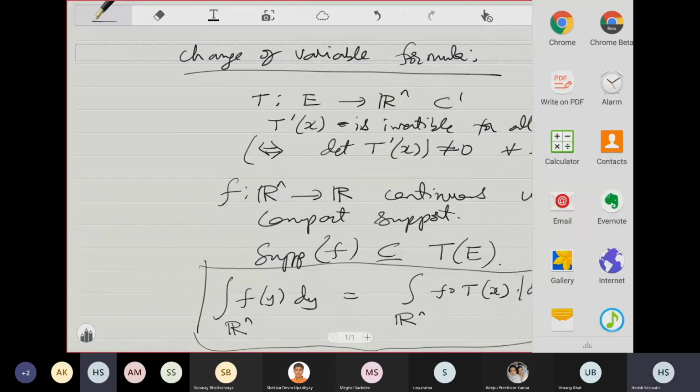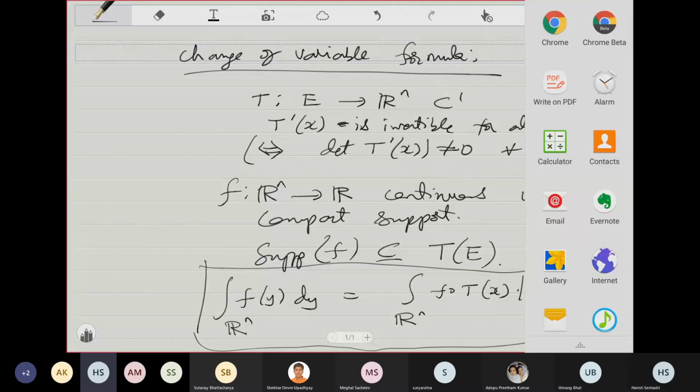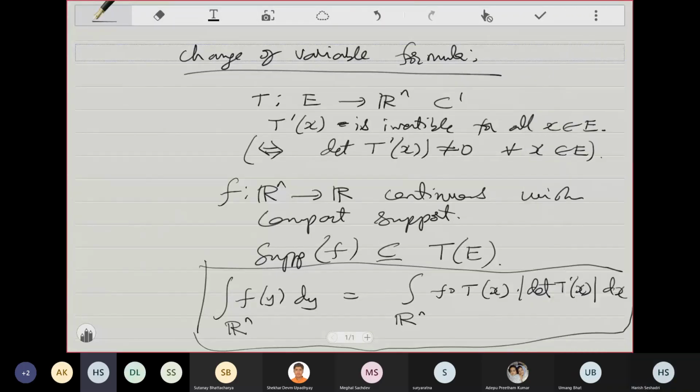Now the strategy of proof will be the following. Basically, this function f is just a continuous function. The key thing here is this T. There are some strong assumptions on T, namely that T prime x is invertible for all x. This is a very strong assumption. Well, strong in some sense, not so strong in a different sense.